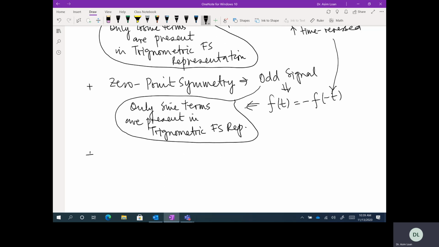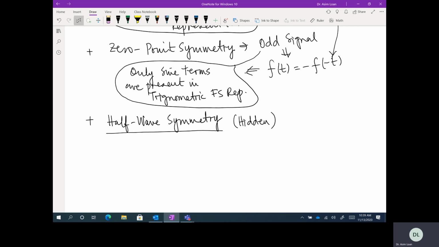What about the half wave symmetry? For the half wave symmetry, we have this equation. It is kind of a hidden symmetry, and I'll tell you what hidden means.